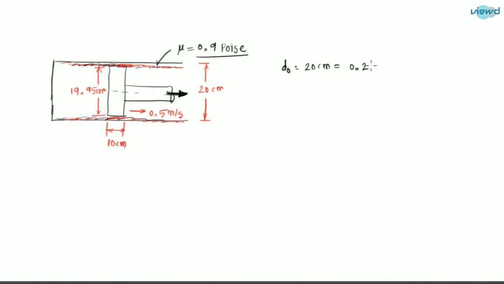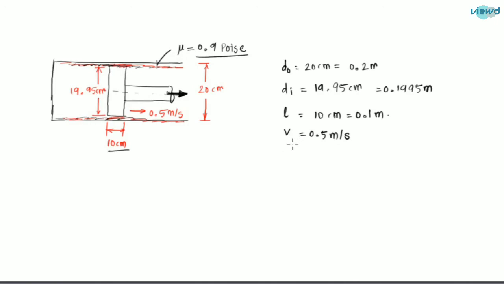It is 0.2 meter, and di, inner diameter, is 19.95 centimeter, which is equal to 0.1995 meter, and the length of the piston is 10 centimeter. Here it is 10 centimeter, so it is 0.1 meter, and velocity is given as 0.5 meter per second.